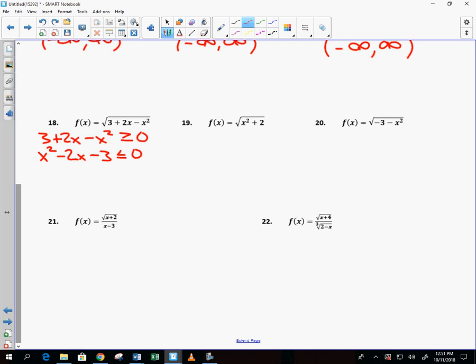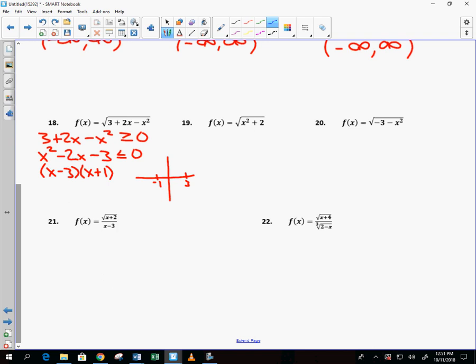Does that factor? X minus 3, x plus 1. So I look at the graph, it goes through positive 3, and it goes through -1. Is this a parabola that goes up or down?